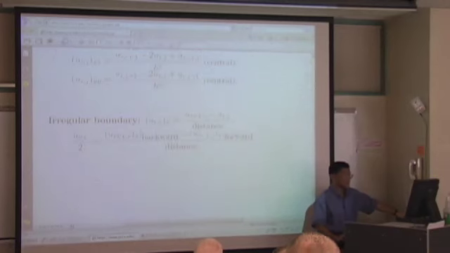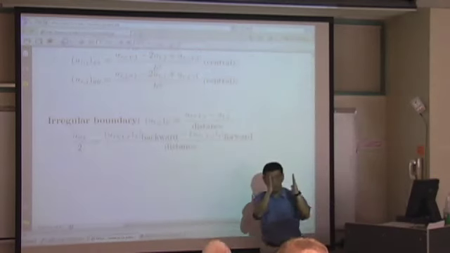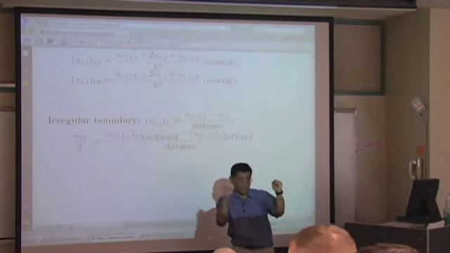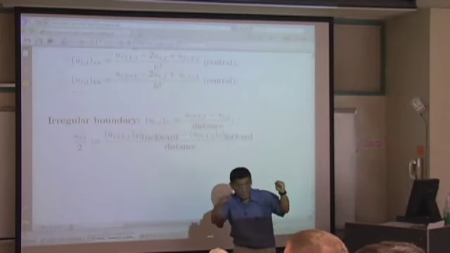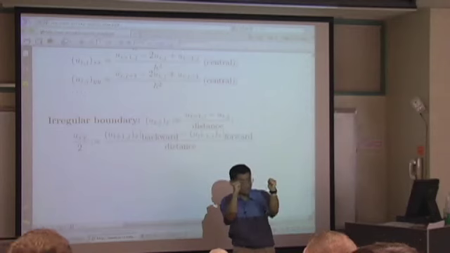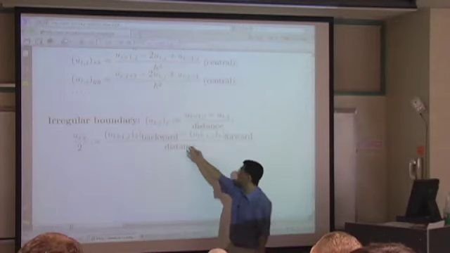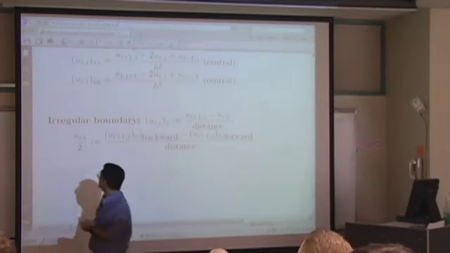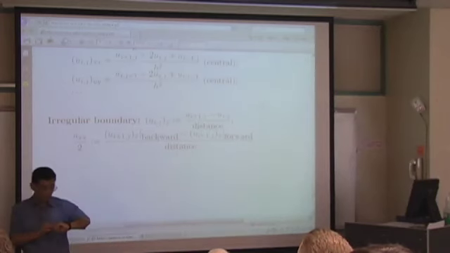Sometimes we have an irregular boundary. In other words, we cannot always evenly divide the interval. If we evenly divide the interval, the distance is usually h, right? But sometimes it is not h, and then the actual distance is used. So roughly, these are used in this course.